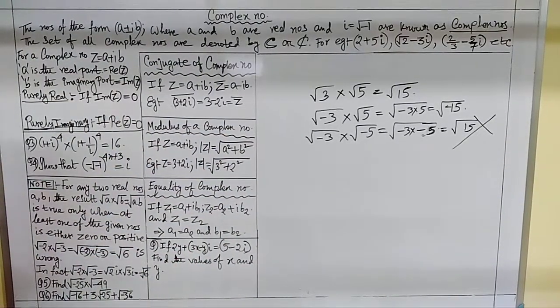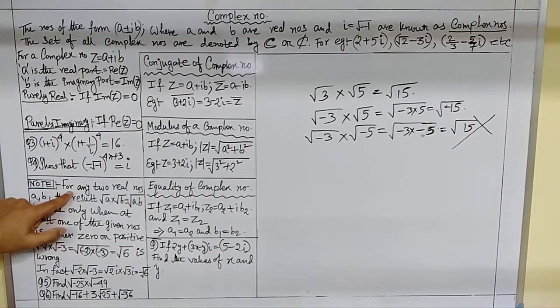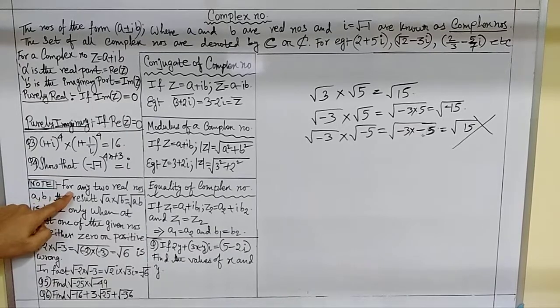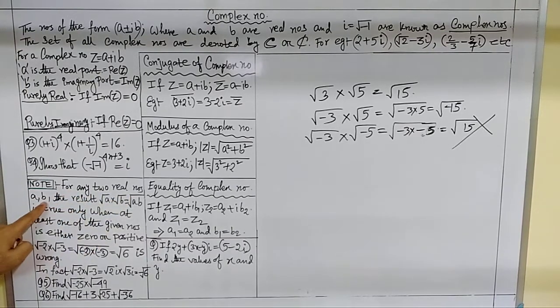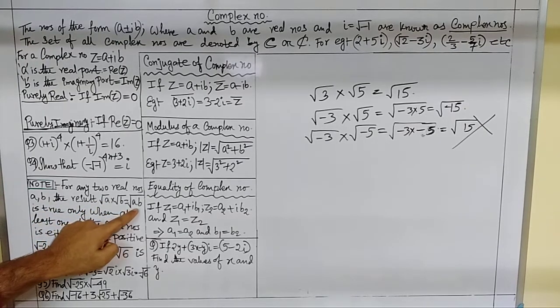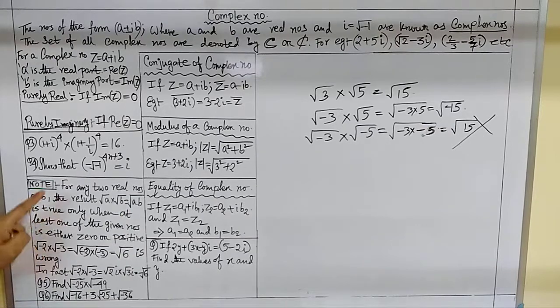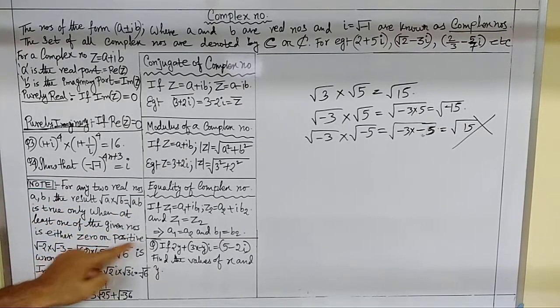Because there is a fundamental basic law. For any two real numbers a and b, the result root a into root b equals root over of ab is true only when at least one of the given numbers is either positive or 0.